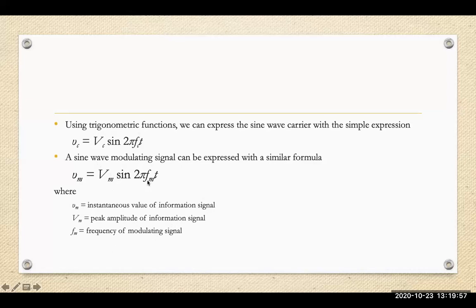Tapos yung F sub m natin, this is the frequency of the modulating signal. Okay, tandaan ha, this is the formula for a sine wave modulating signal. Ito naman, again, this is the sine wave carrier signal natin, unmodulated.